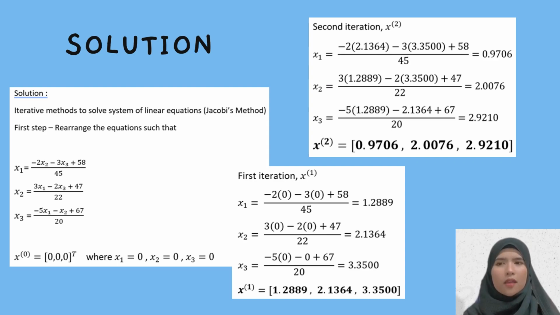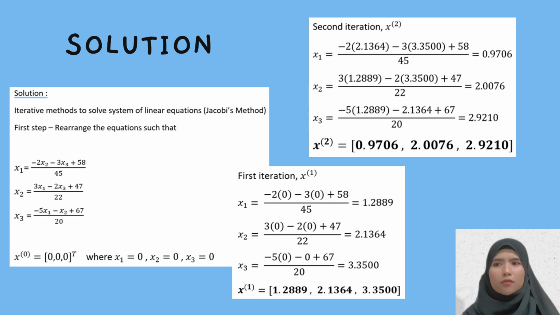So I have negative 5 times 0 minus 0 plus 67 divided by 20. So we have 67 over 20, which is 3.3500.